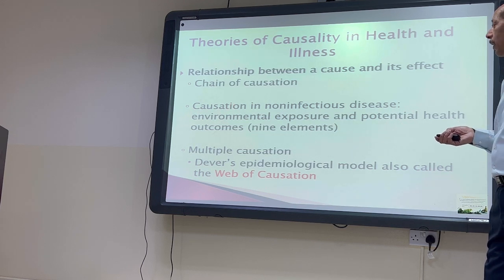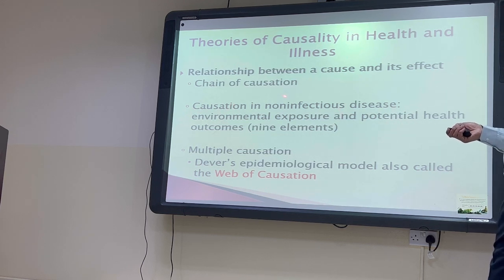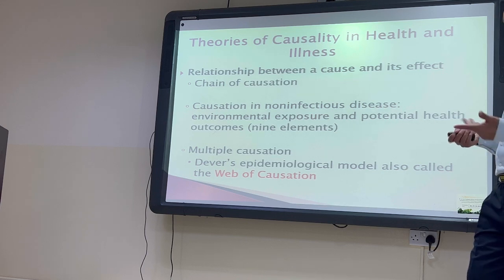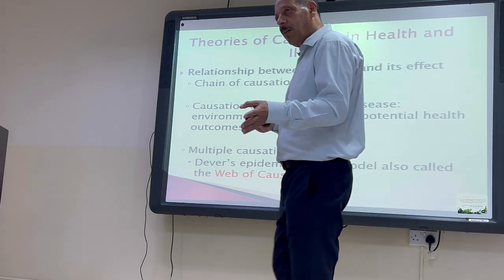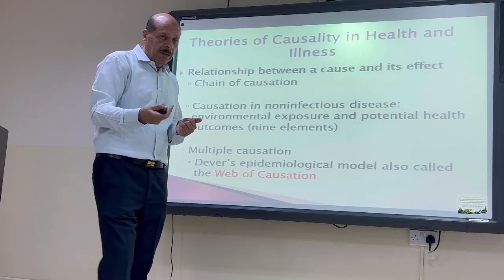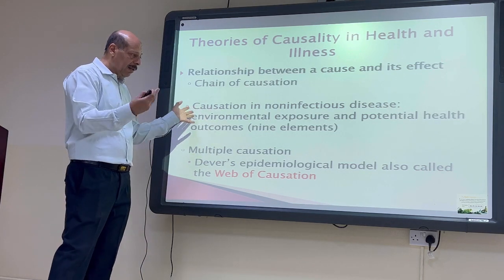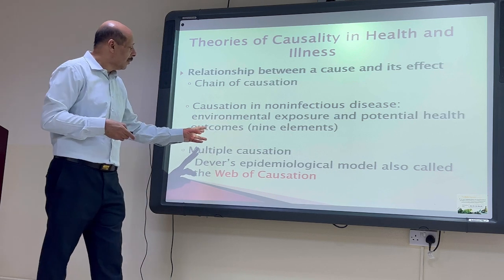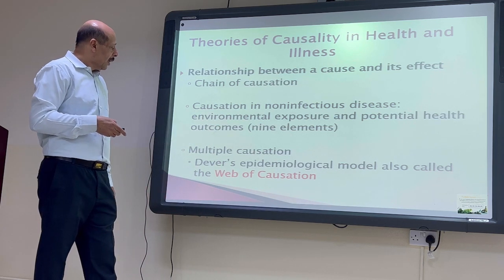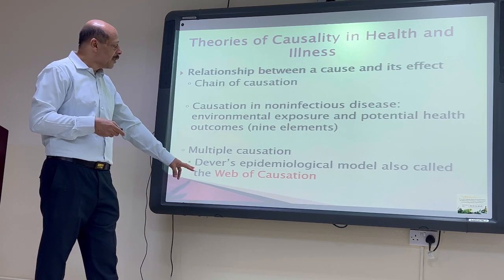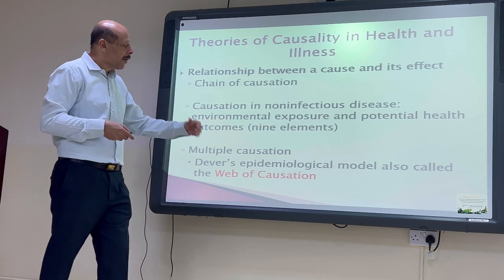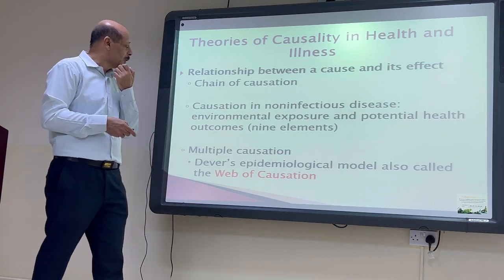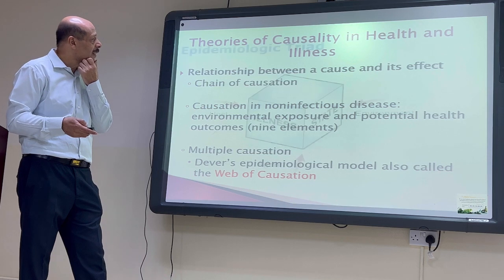There are also non-infectious diseases, with environmental exposure to some hazard, like exposure to radiation or any other environmental hazard. Then there is multiple causation, which is the epidemiological model also called the web of causation.